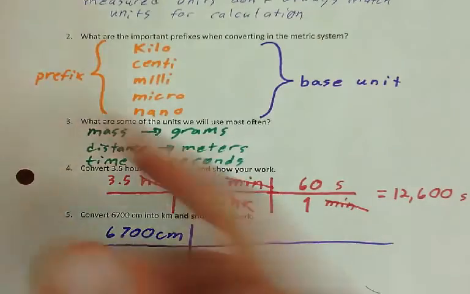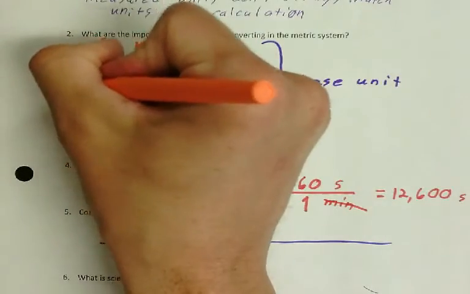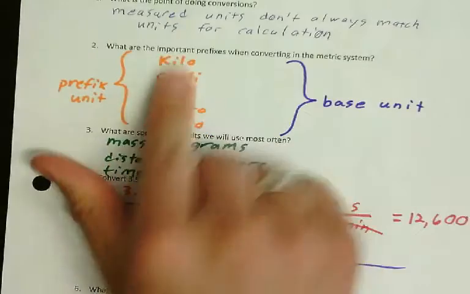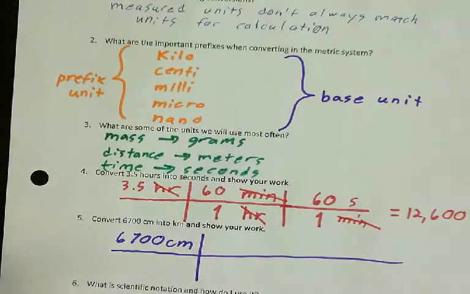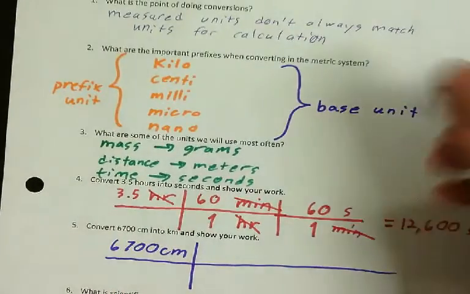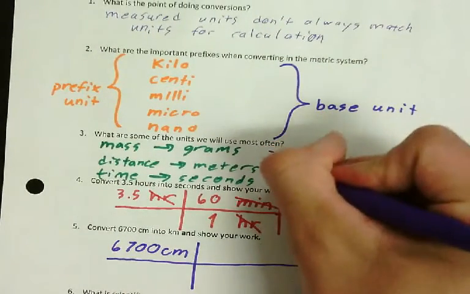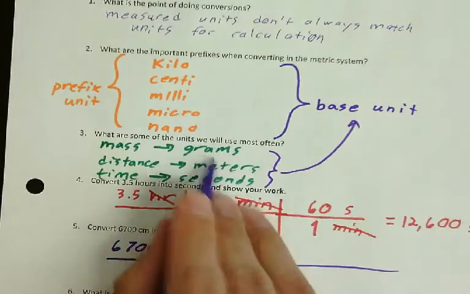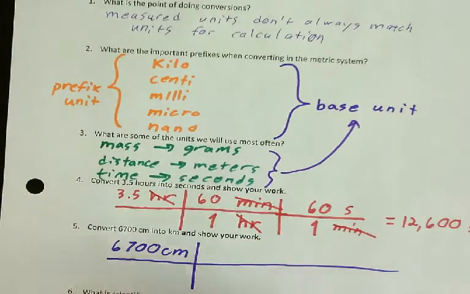These are prefix units. And we're going to need a number that tells us how many of these are equal to this. And if you're wondering what the base units are, they're these guys here: grams, meters, seconds.